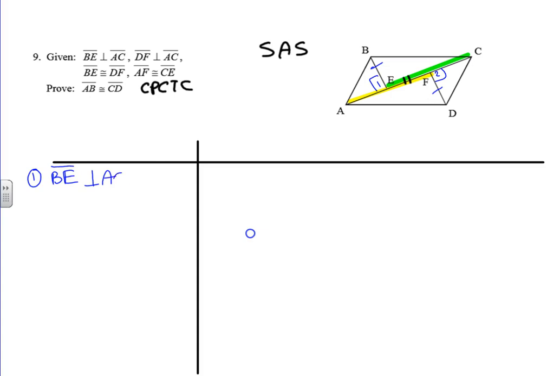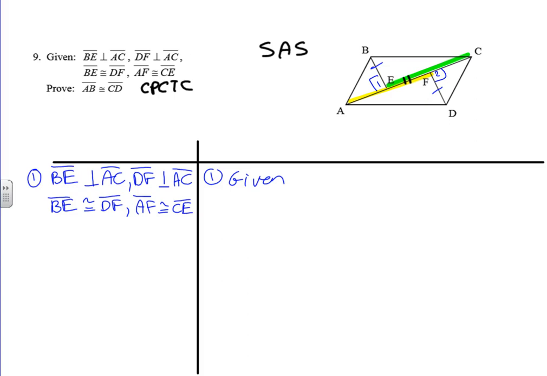So BE is perpendicular to AC. DF is perpendicular to AC. BE is congruent to DF. And AF is congruent to CE. Okay, that is given to us. So I'm going to do the angle part first.